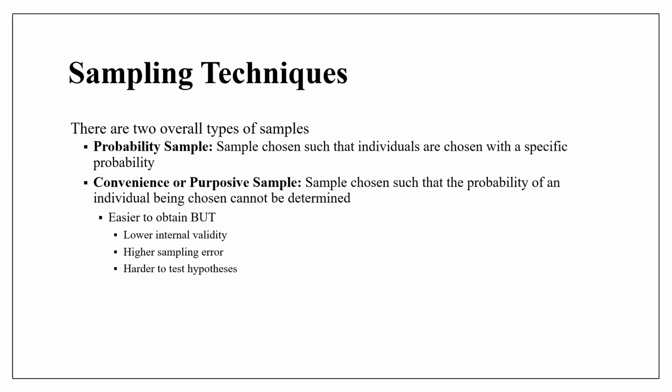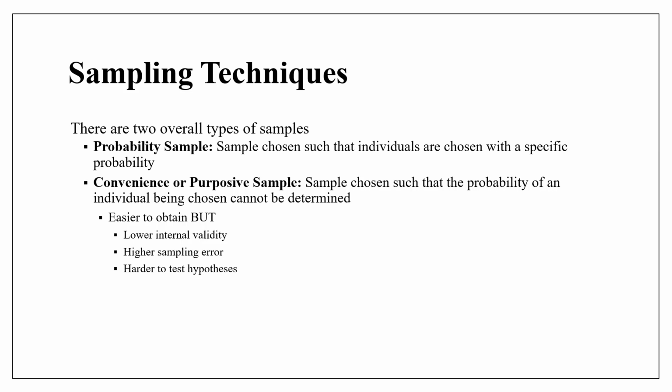Convenient samples are easier to obtain, but they're going to have lower internal validity. They're going to have higher sampling error, and they're going to make it harder to test hypotheses. So again, probability samples, because of these reasons, are going to be better than convenience samples.